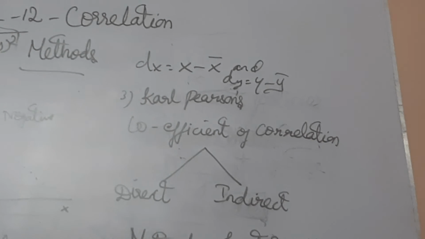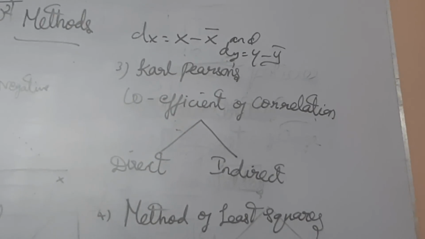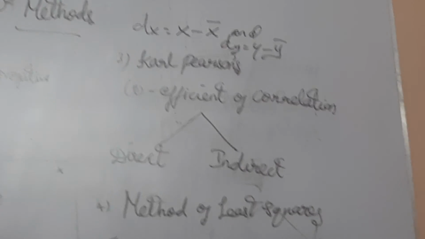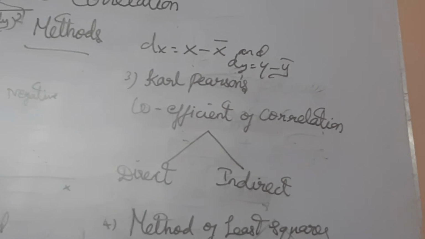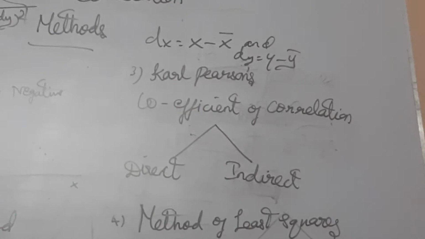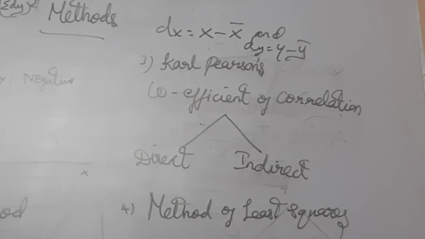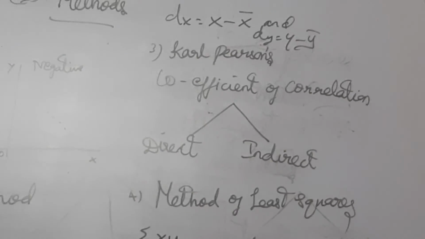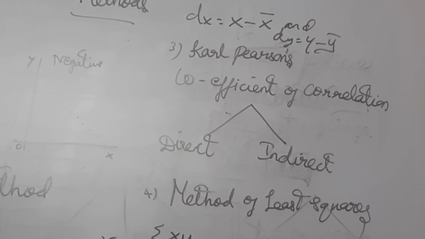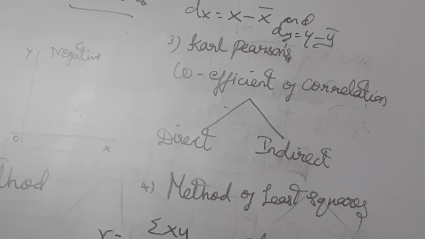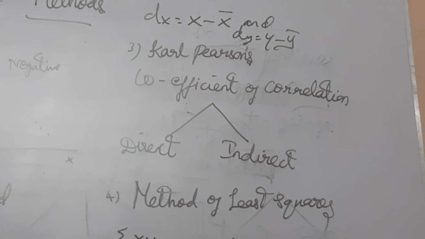In the indirect method, the correlation is free from the origin, and it is also free from the unit of measurement. For example, we may say minus 1 is less than or equal to r, and also r is less than or equal to plus 1. Like that also we may take here. That is called the indirect method.